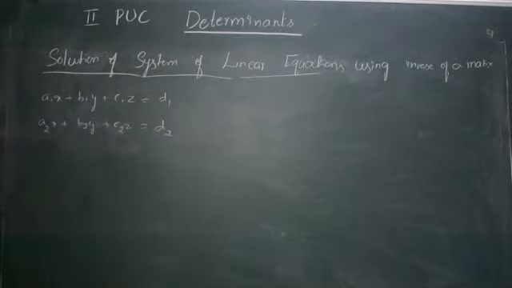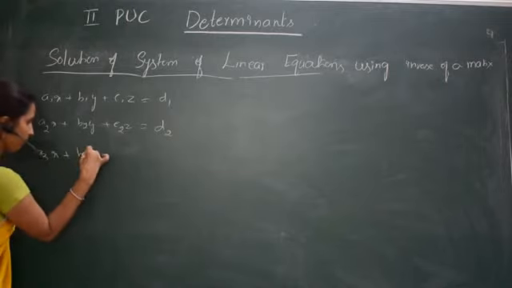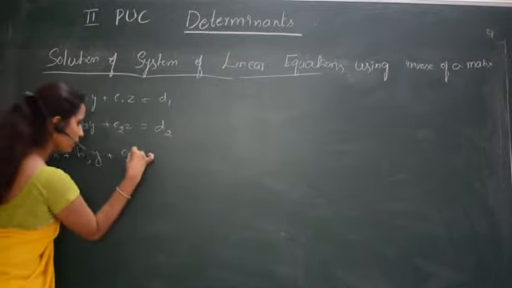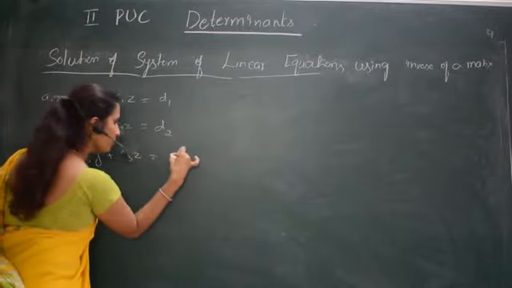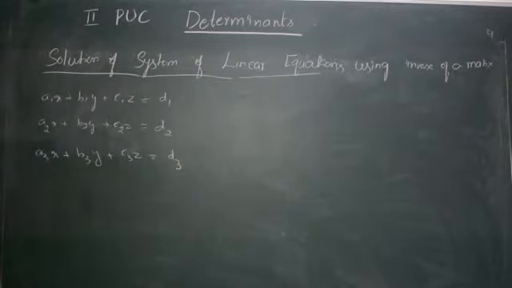I can take a system of equations in two variables or in three variables. Now I'll discuss the system of equations in three variables; it is the same for two variables also. Next one is a3x plus b3y plus c3z is equal to d3. So these three are the system of equations that I will consider.